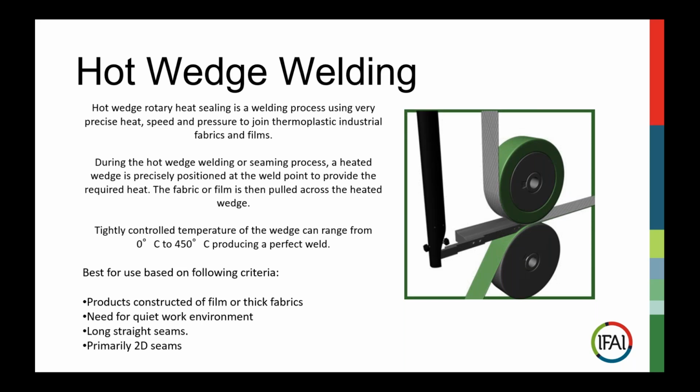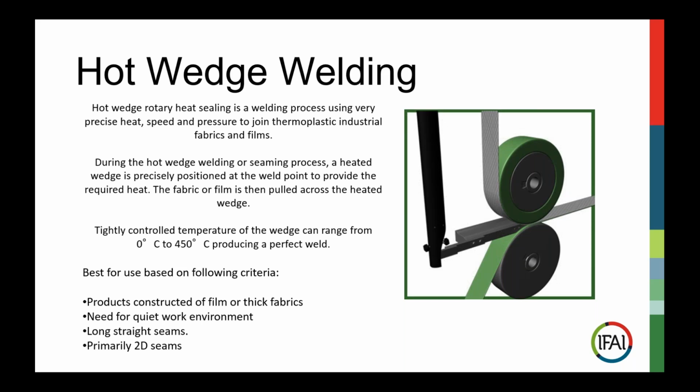It's a very fast, continuous process with long, straight runs. The best products you can do are really any type of thermoplastics, any type of films, thick fabrics, thin films, thick films. It's a quiet work environment. Again, it does long, continuous, very fast, straight seams, primarily your 2D seams.